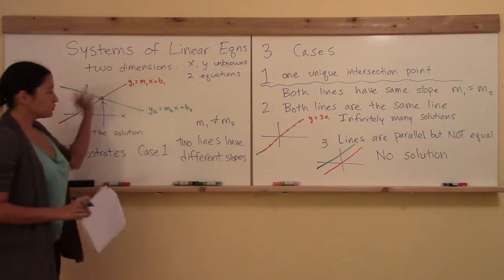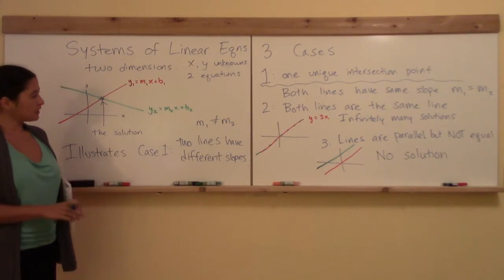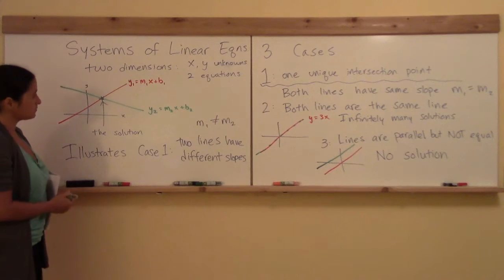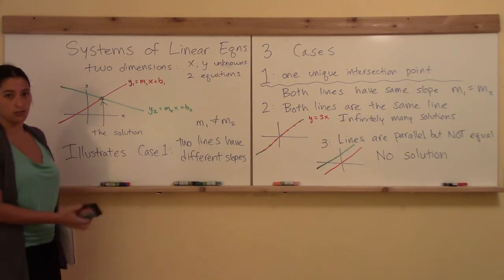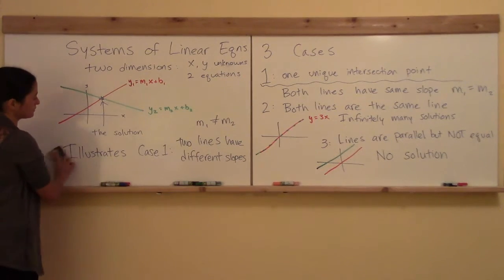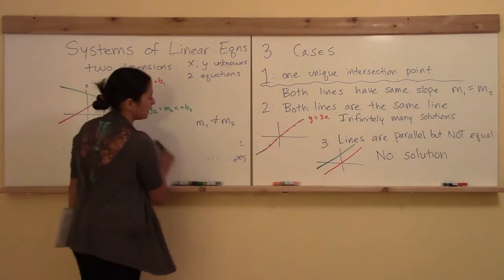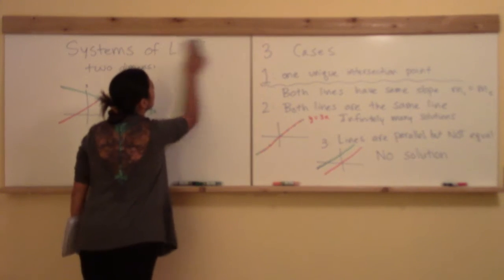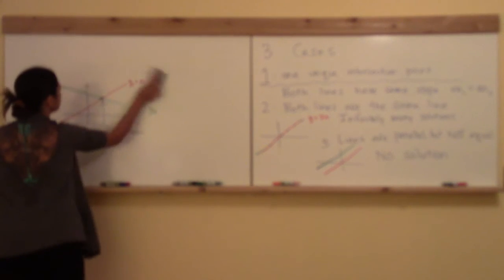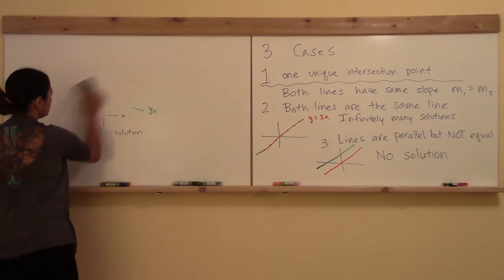Okay? So we've reviewed here graphically how to recognize a system of linear equations in 2 dimensions and where to find the solution just by eye here graphically. And now we're going to go into some methods of how to find the solution analytically or algebraically. And there's going to be 2 different methods.